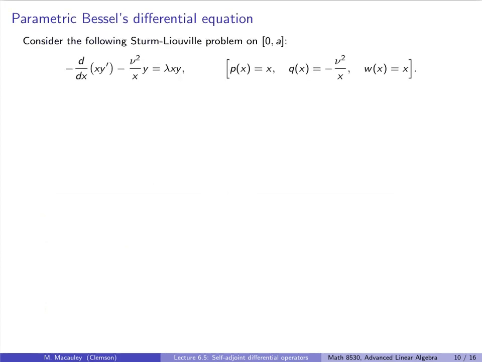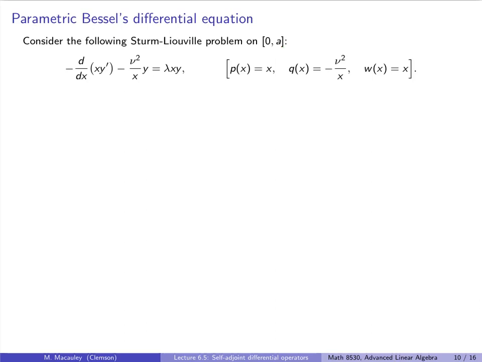Our second example is the parametric Bessel differential equation, and this is defined on the interval 0 to a. This represents vibrations of a circular drum, so that is the wave equation in polar coordinates. So it makes sense that the variable is going to be defined on 0 up to the radius of the drum a.